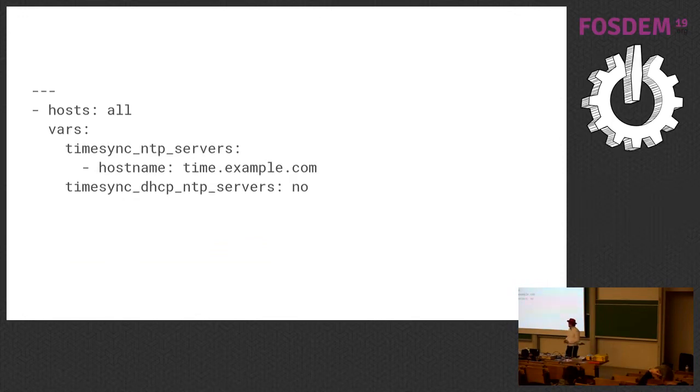Now this is another example of how you can configure time synchronization. And I already told you initially we have support for different providers. So I forgot to mention this with the network role, which supports both init scripts, which is the older configuration system that's only available in older Red Hat or CentOS releases, and NetworkManager, which is the newer solution. And with time synchronization, we have a similar change where NTPD was the old or initial solution, and then later came Chrony, which is the better one.